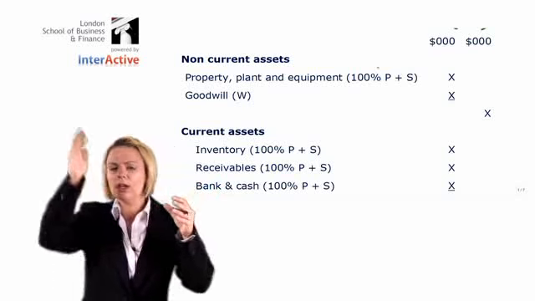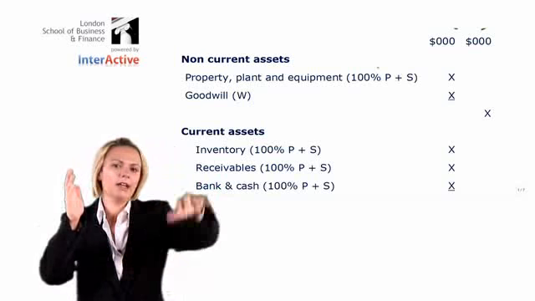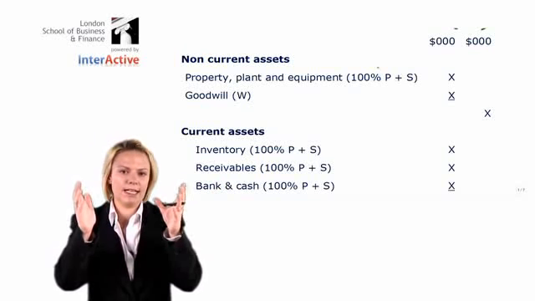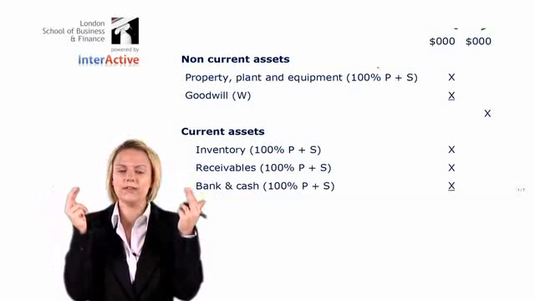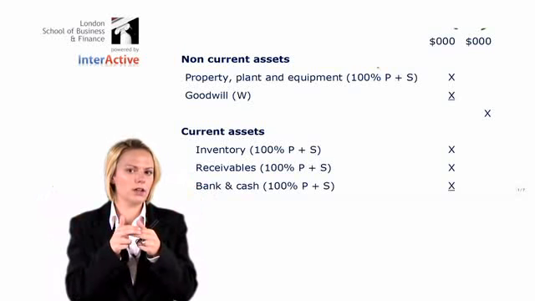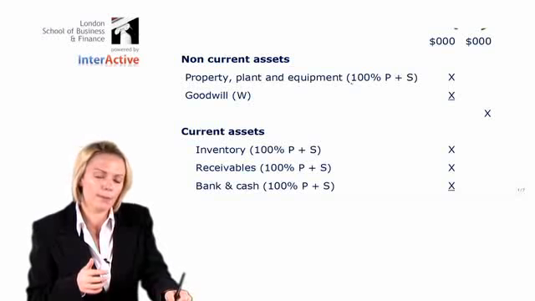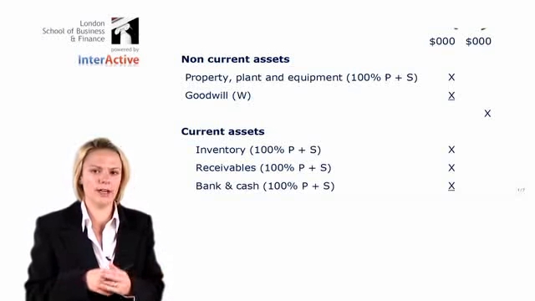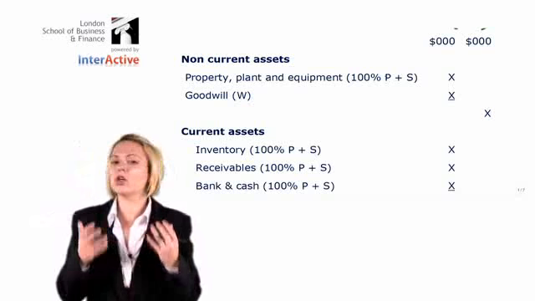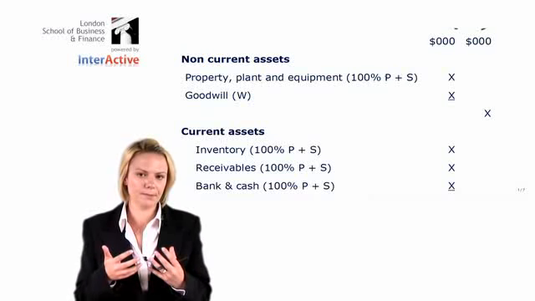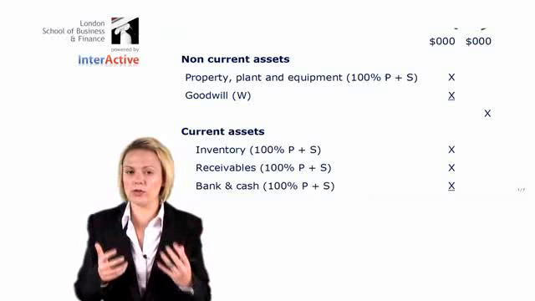Now you'll be given the parent company's SFP and the subsidiary company's SFP. All you're going to do is pick off the two figures that you've been given in the question and add them together. So you open up a bracket, parent plus subsidiary. That's not too bad, right? So add them together and consolidate all of it. We have control over their non-current assets.